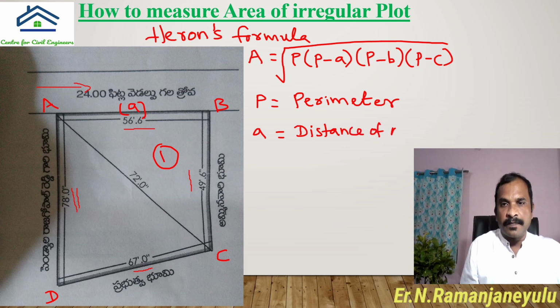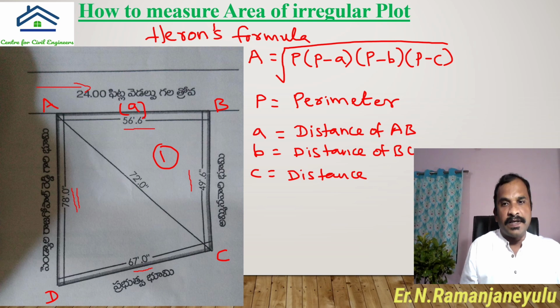Similarly, b is equal to the distance of BC, and c is equal to the distance of AC. Now we know this is a, this is b and this is c. Using these three values you can calculate the perimeter of figure 1.